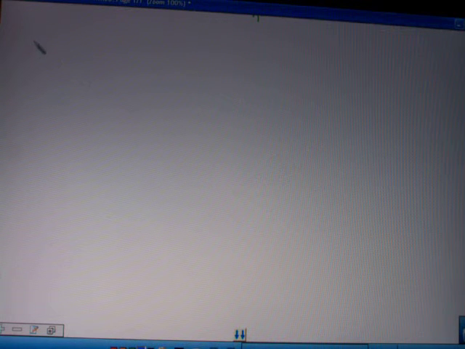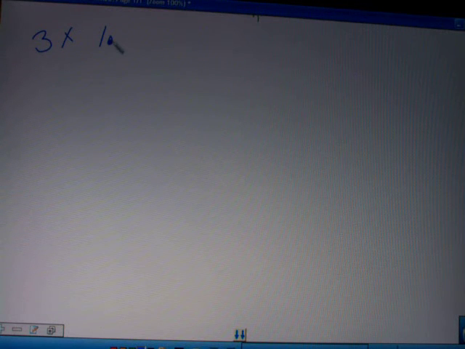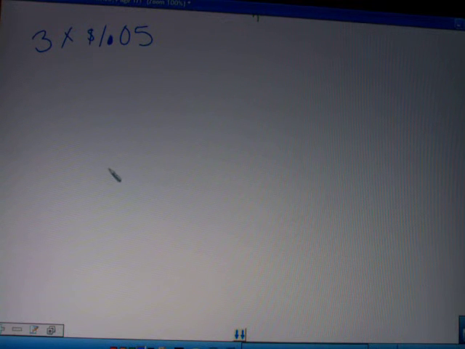So the first example we have is 3 times $1.05. So let's say I have 3 pens that cost $1.05 each. I want to buy 3 of them. Now, how much money do I have to make sure that I have? So that would be multiplying 3 times $1.05.